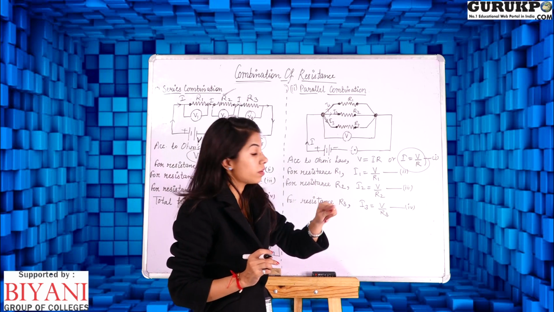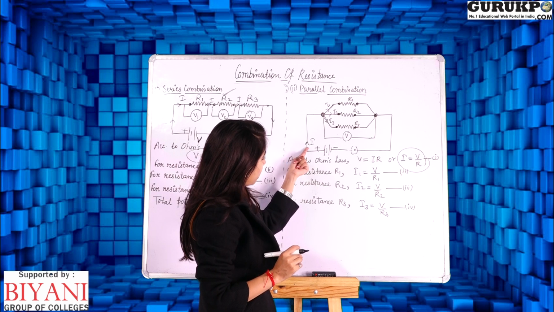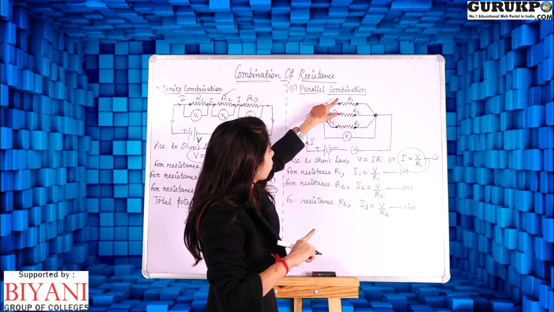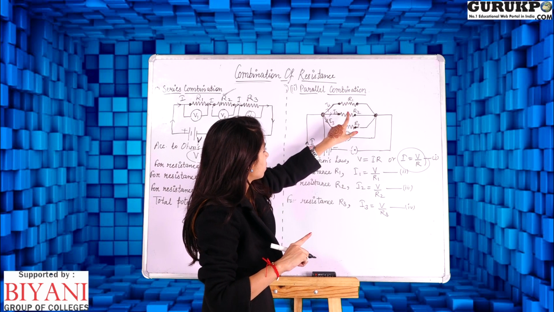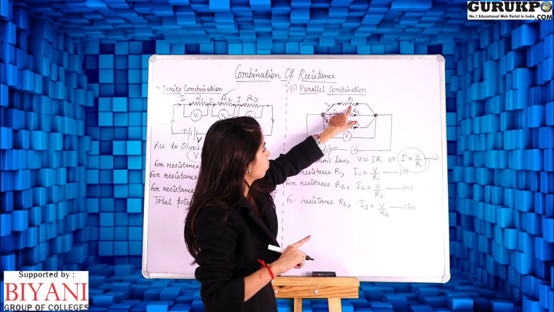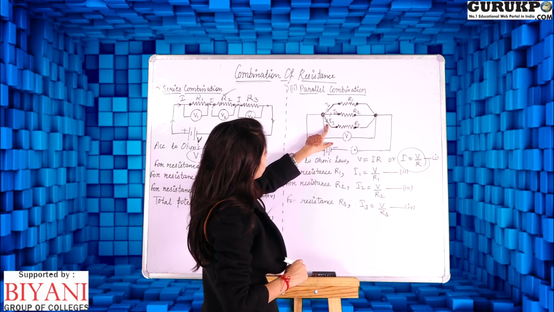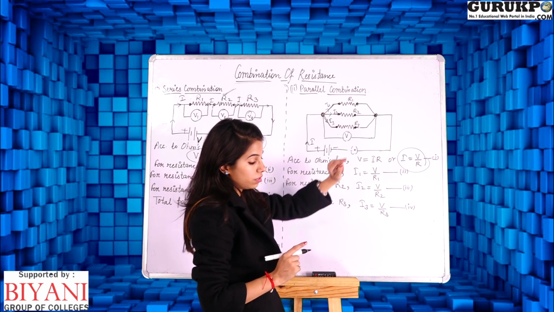The current I is coming from the battery, but this current I will get split into all the 3 branches, that is I1 will go into R1, I2 current will go into R2 and I3 current will go into R3.